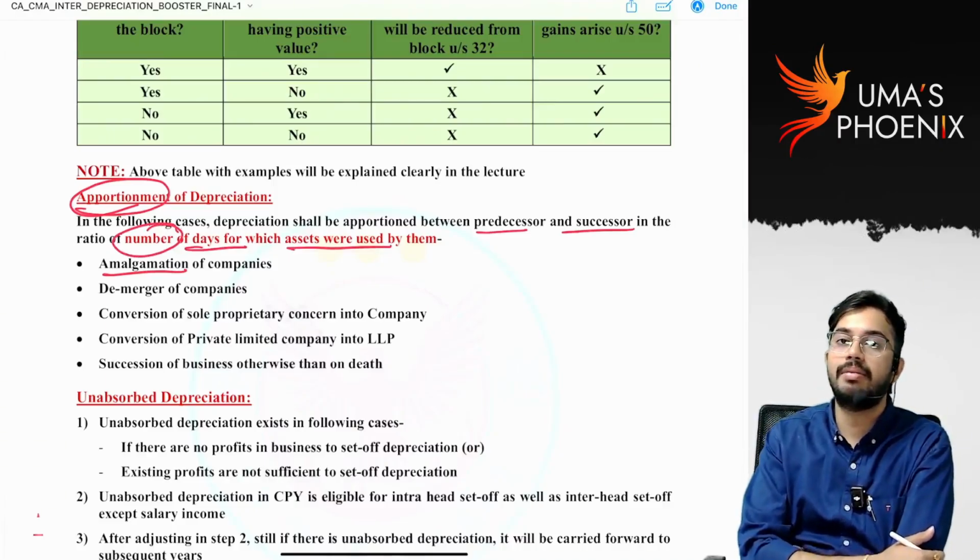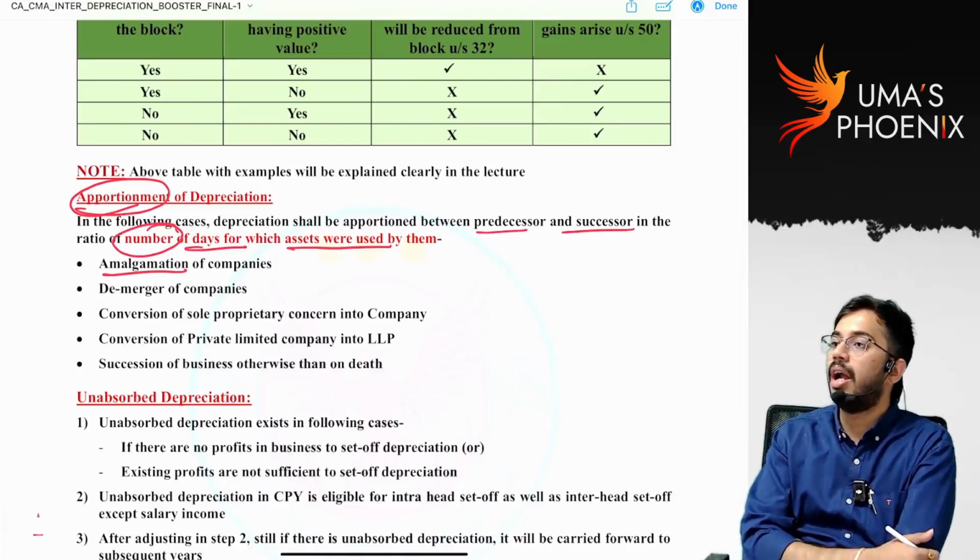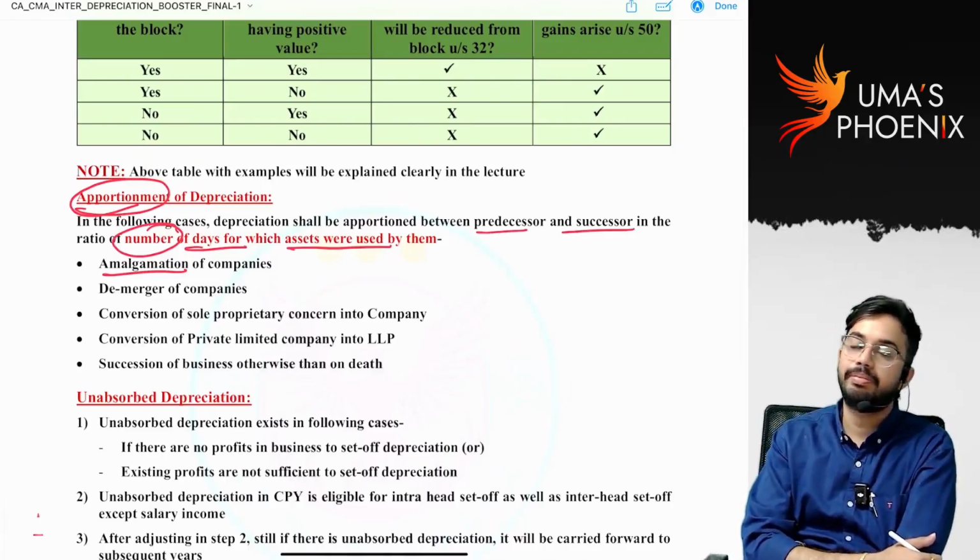Did you understand? Shall I explain the next concept? Unabsorbed depreciation.